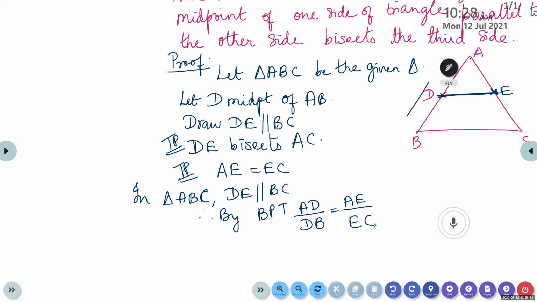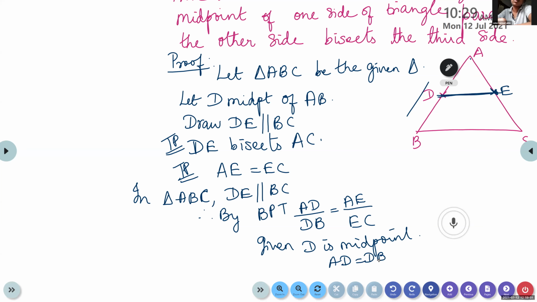Now look at it, children. What can you say about the ratio AD by DB? What is given about D? D is the midpoint, isn't it? It is given D is the midpoint. Therefore, can we say AD will be equal to DB? Yes, ma'am.